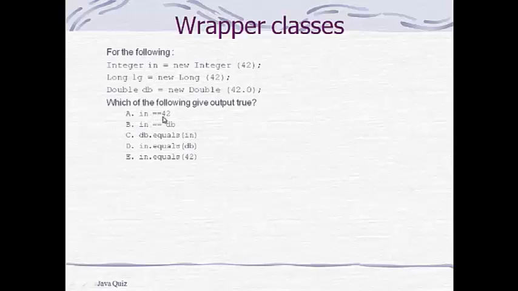In equal 42, or in equal db, or db dot equals in, or dot equals db, or in dot equals 42. Is it D and D, A and B, C and D, or A and E?